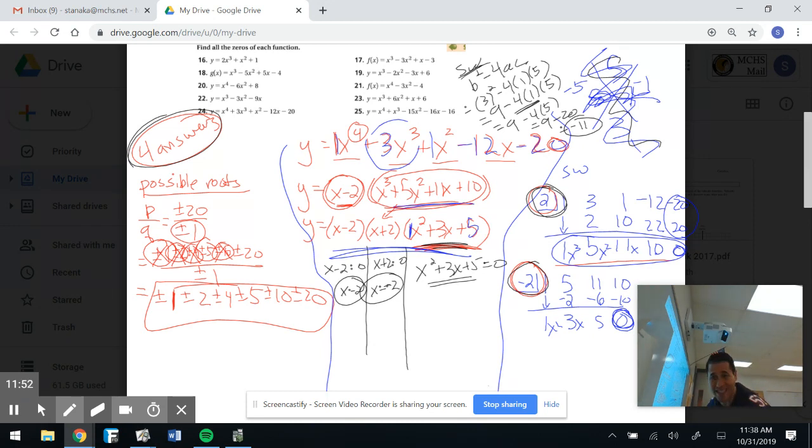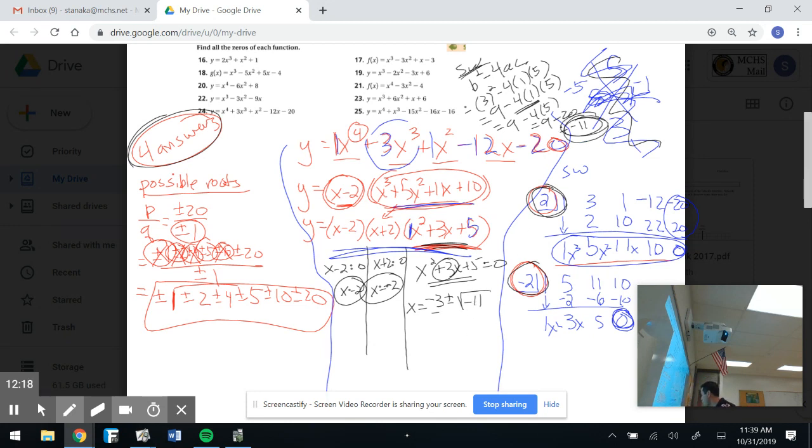So if we learned back in the day, that means there are going to be complex or imaginary answers. So here we go. Now I can write the final answer, which is x equals. And how do I write it? I use the quadratic formula, which is -b, the opposite of b. B is a +3, so the opposite would be -3, plus or minus the square root of my discriminant, which was -11, right?